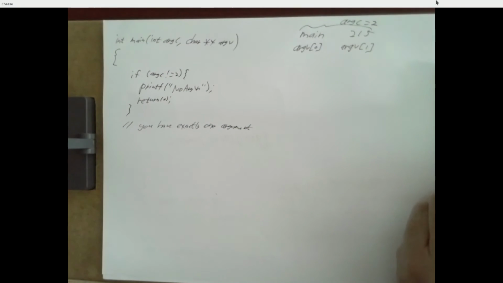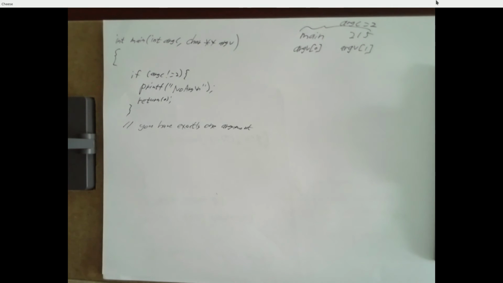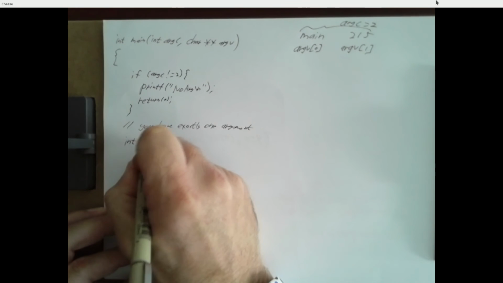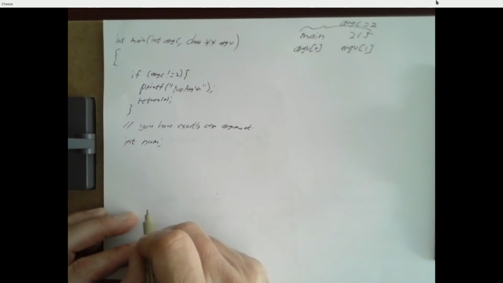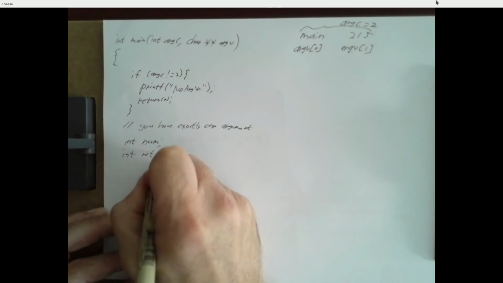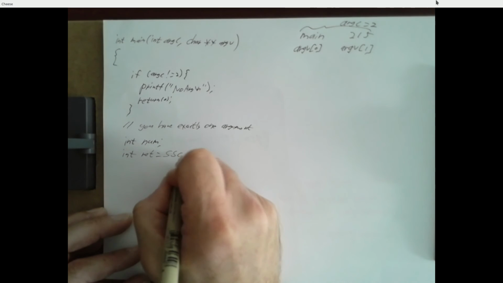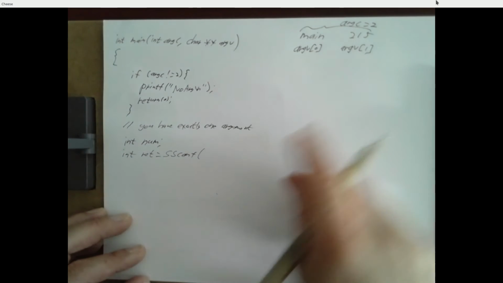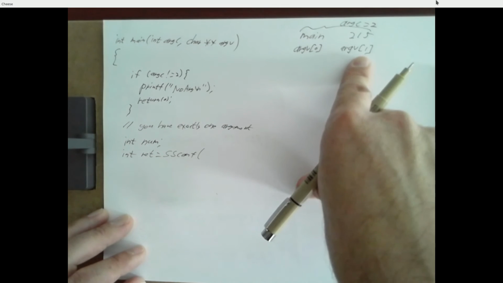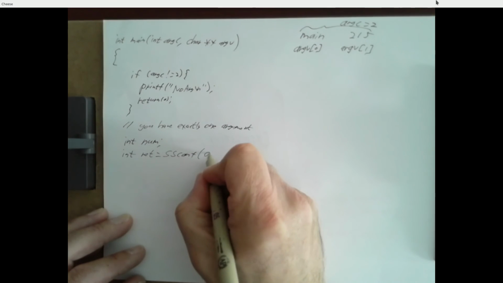But you know, make life easier on yourself. So let's use scanf. So I want a number that I can parse into, and I want to save the return value. And what I want to parse is argv bracket 1. That's the one argument to my function.